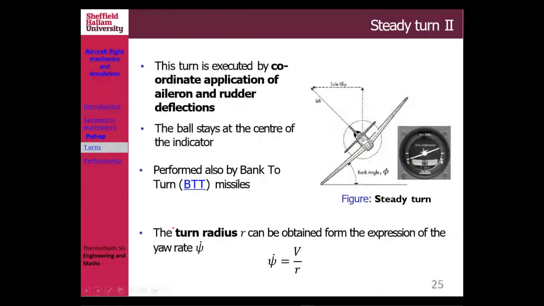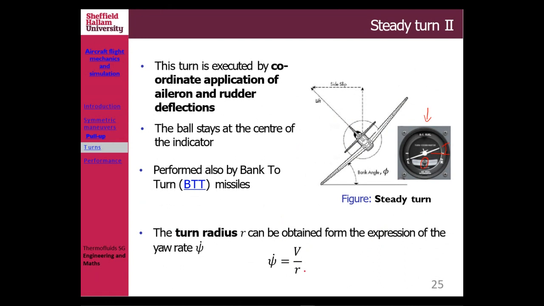Okay, now, if you execute it coordinatedly, this is what we should see on your turn and slip indicator. Your aircraft is banking like that, but the ball indicator is kept in the middle.